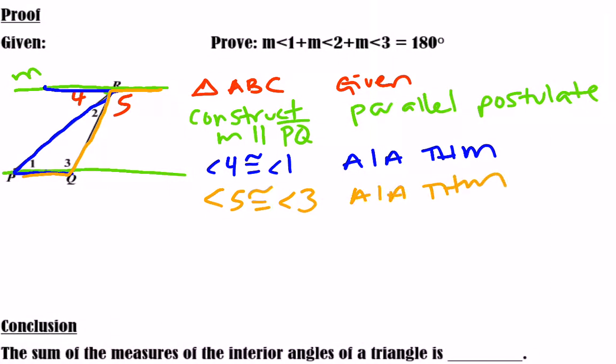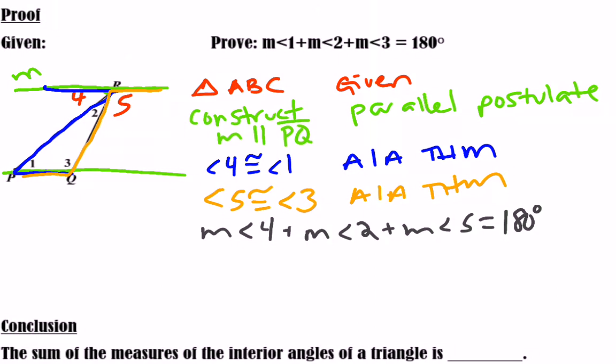I know that the measure of angle 4 plus the measure of angle 2 plus the measure of angle 5 equals 180 degrees. And that's because they are forming a line.